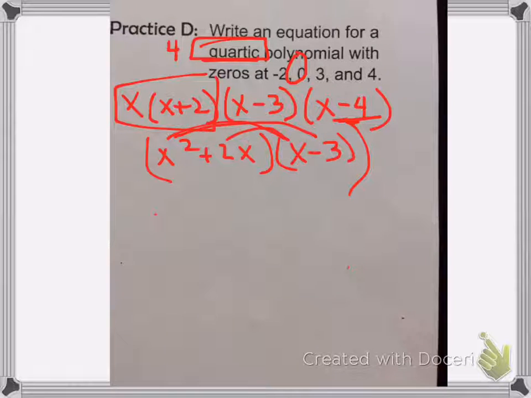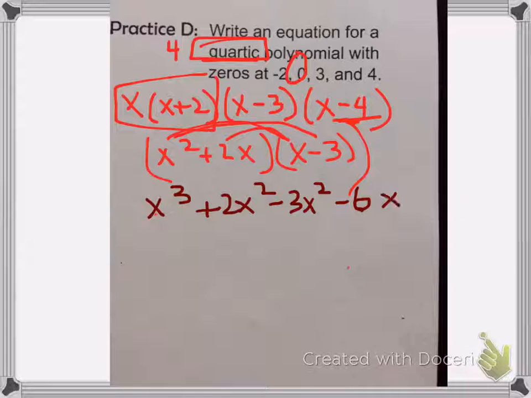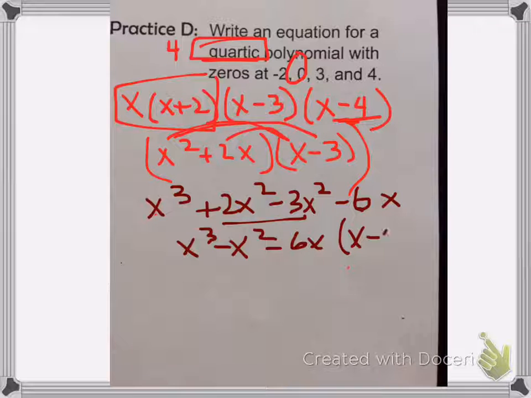So again, this is x cubed plus 2x squared minus 3x squared minus 6x. Combine your like terms here, which are those x squareds in the middle, and you get x cubed minus x squared minus 6x, and we still have to bring down the x minus 4.